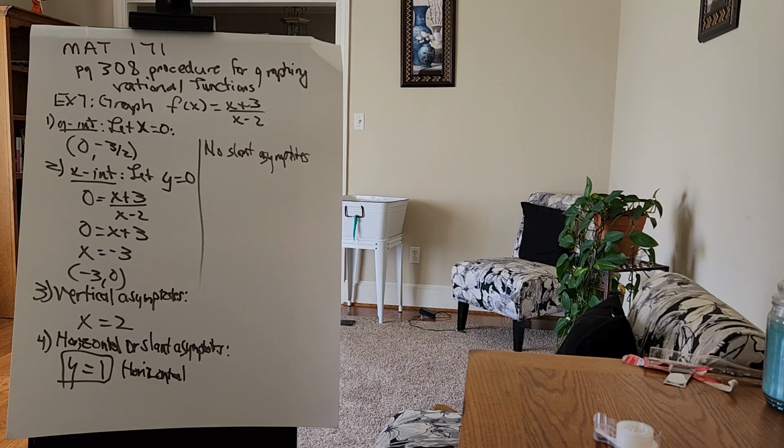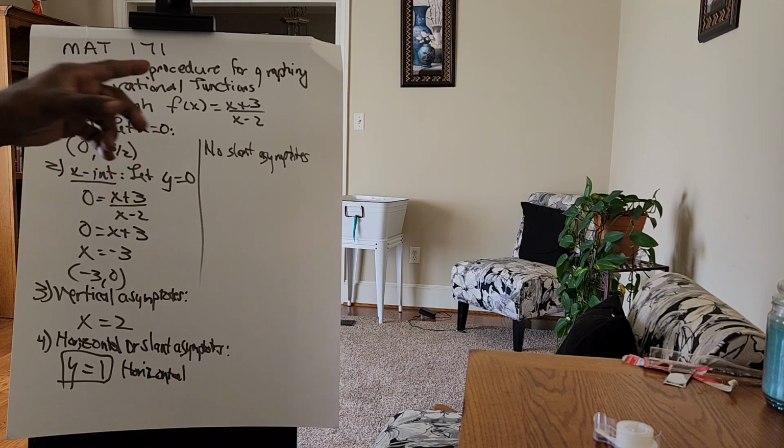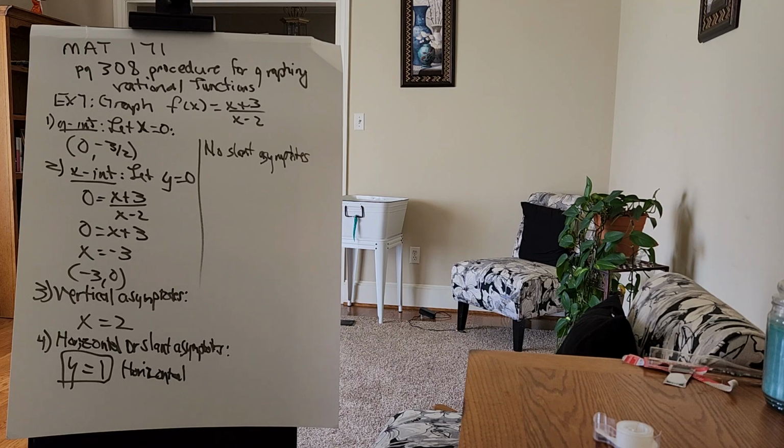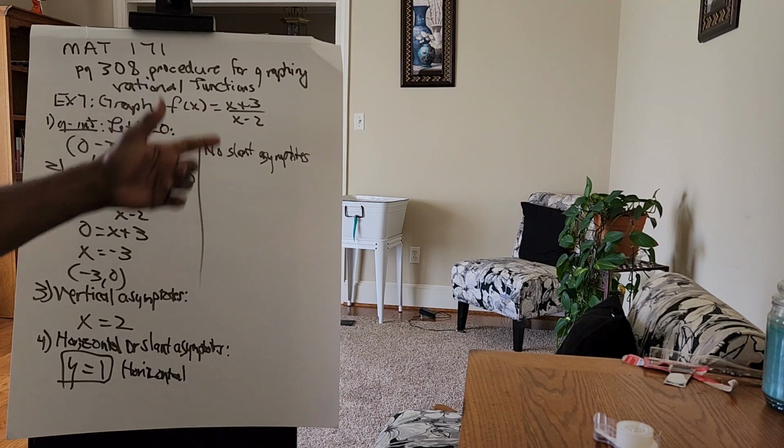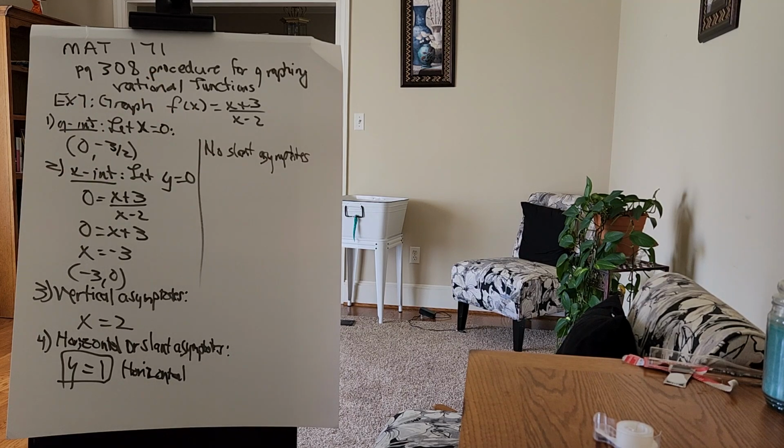Then they talk about symmetry. You can apply symmetry if you want to. This thing will be neither even nor odd. Oh, wait a minute though. Yeah, it's neither even nor odd. Remember the test was you put a negative x everywhere the x was. If you get the original function back, that means it's even.